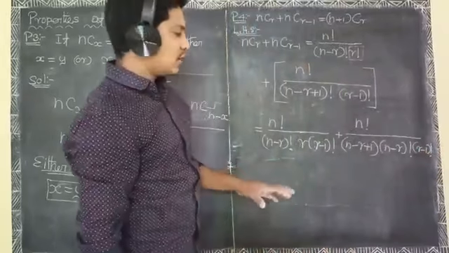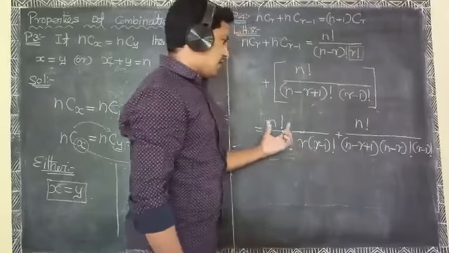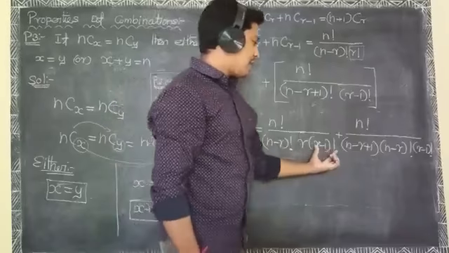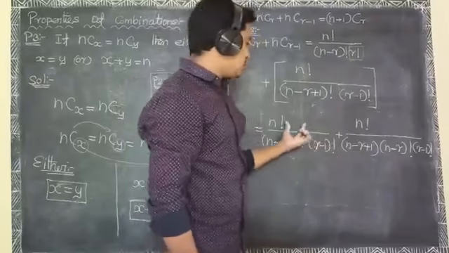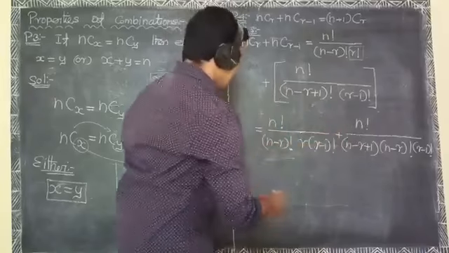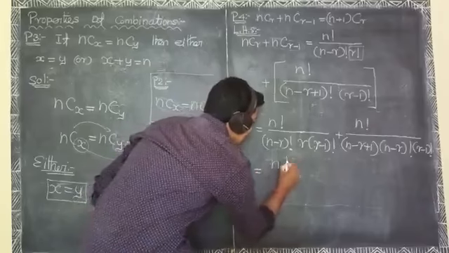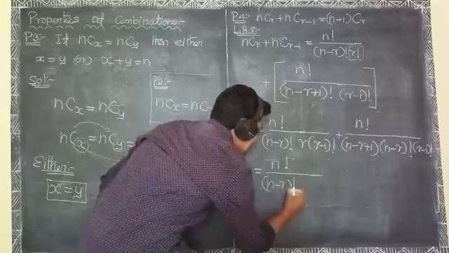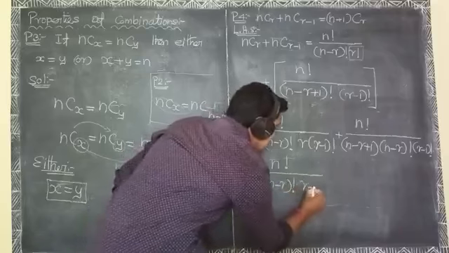Here, comparing the denominators, we take common (n minus r) factorial and (r minus 1) factorial, and the numerator is n factorial. Take the common term outside of the two terms, which gives n factorial divided by (n minus r) factorial into (r minus 1) factorial.